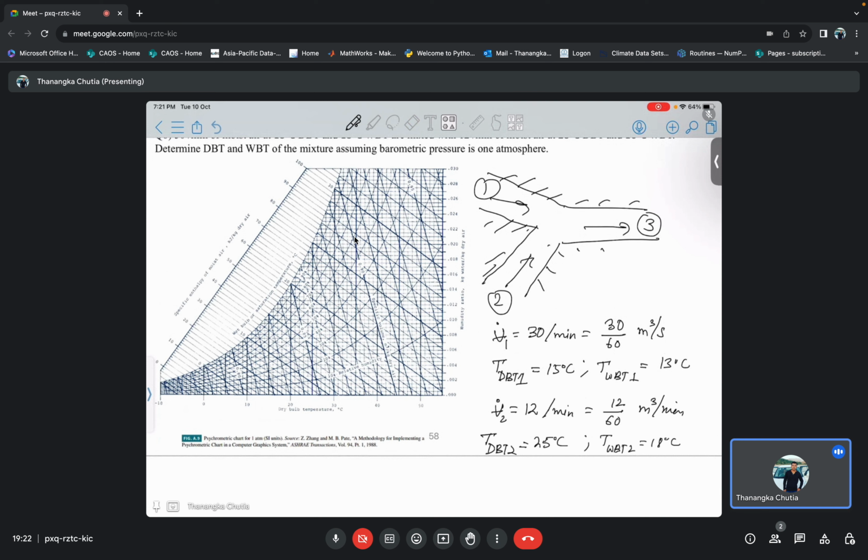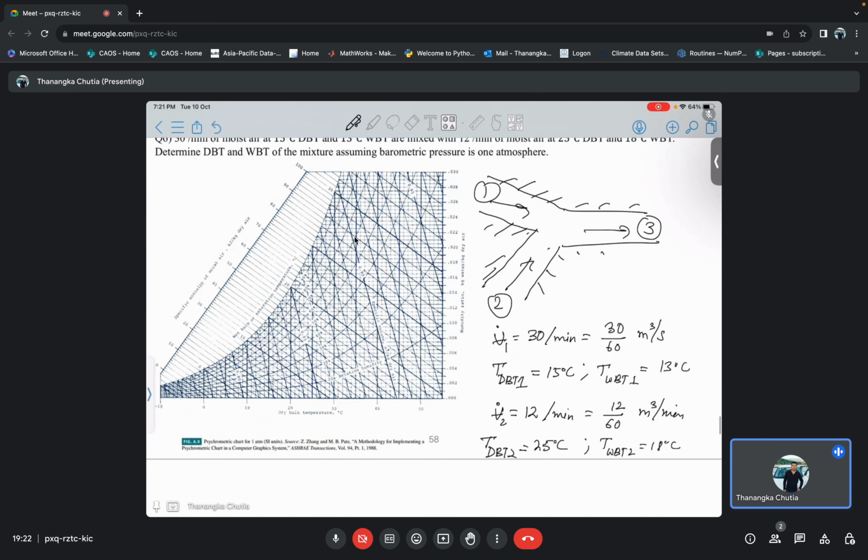Okay, now how will you find the properties given your dry bulb temperature and wet bulb temperature? See, at the wet bulb temperature the air is already saturated. So we will first locate the 13 degrees Celsius where it cuts the relative humidity 100%. This is the 13 degrees Celsius line.